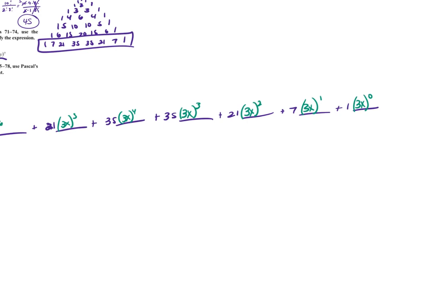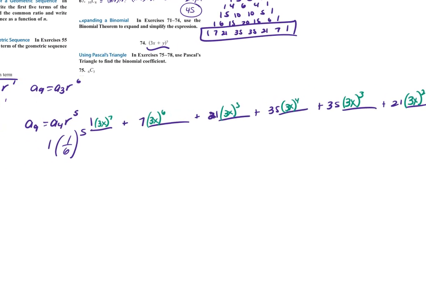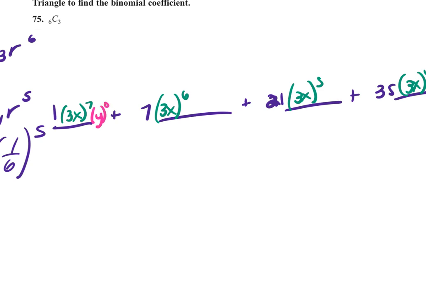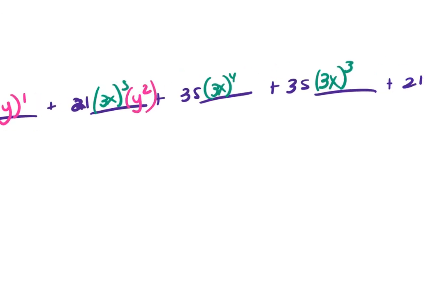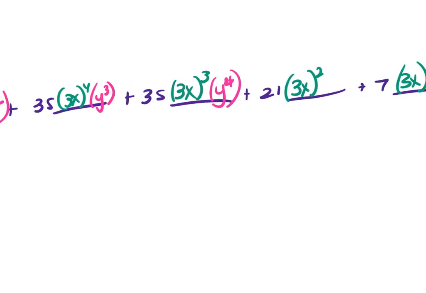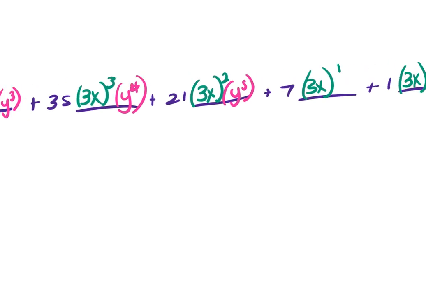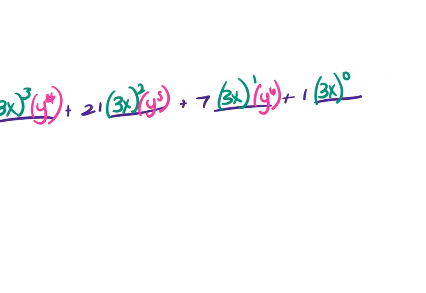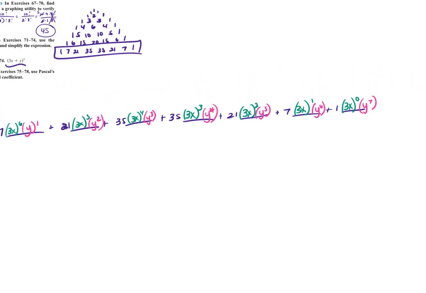Then I go the other way with the second term. My second term is positive y. So y to the 0, y to the 1st, y to the 2nd, y to the 3rd, y to the 4th, y to the 5th, y to the 6th, and y to the 7th.